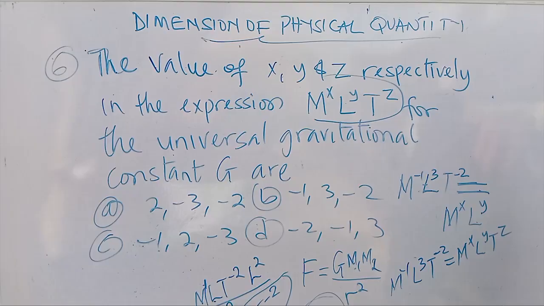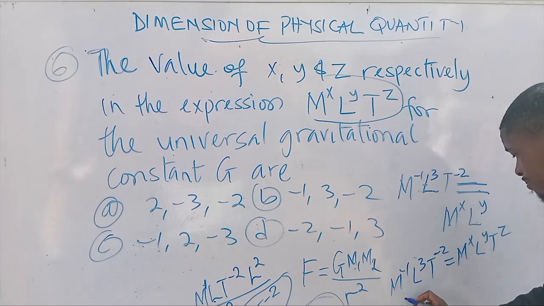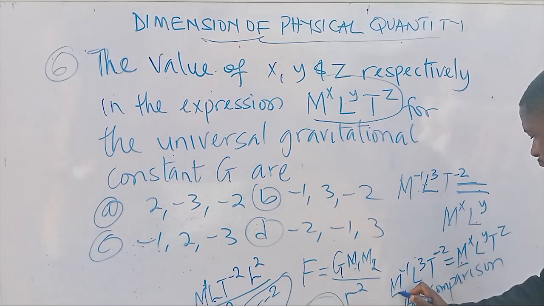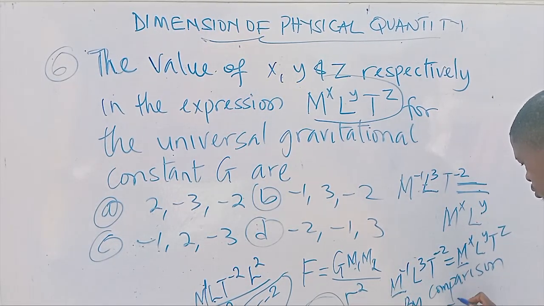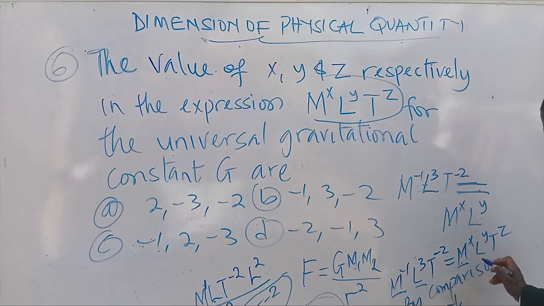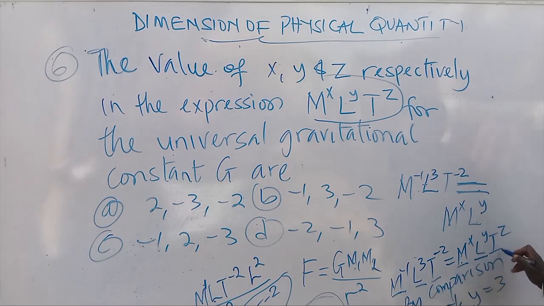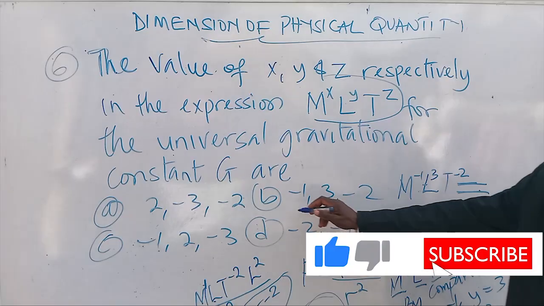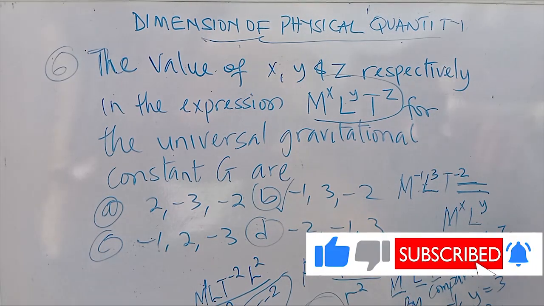So we correspond the two equations together by comparison, this one to this one. The bases are the same, so the powers will be equal to each other. This one to this one, y is equal to 3. This one to this one, z is equal to minus 2. So that's minus 1, 3, minus 2. That's option B for that question.